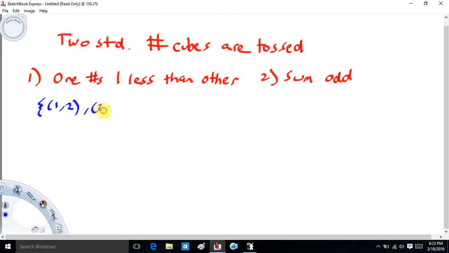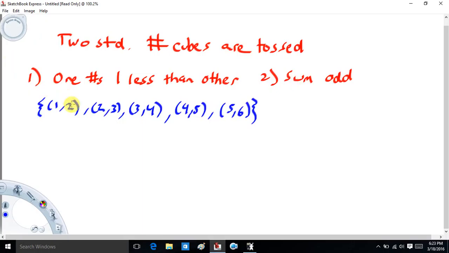We can have a 2 and a 3, 3 and a 4, 4 and a 5, and 5 and a 6. The sum is odd. Again, the definition of mutually exclusive is when two events cannot happen at the same time.